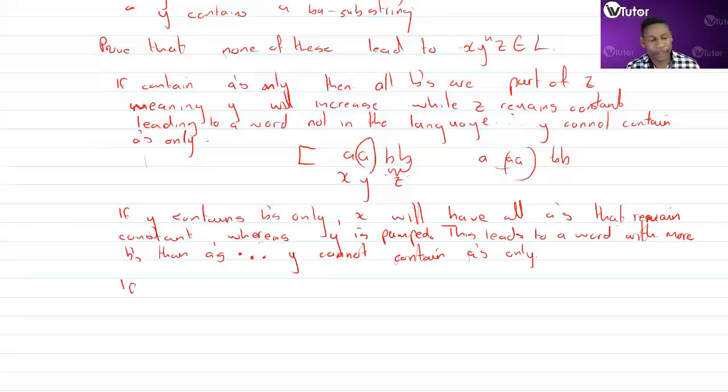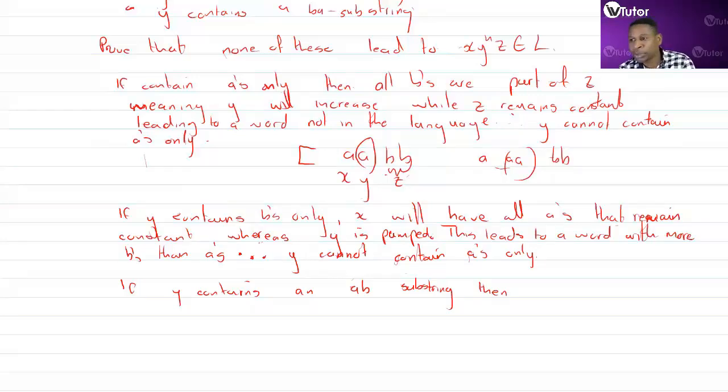If Y contains an AB substring, what is going to happen?